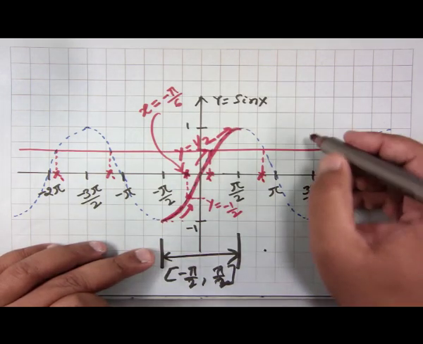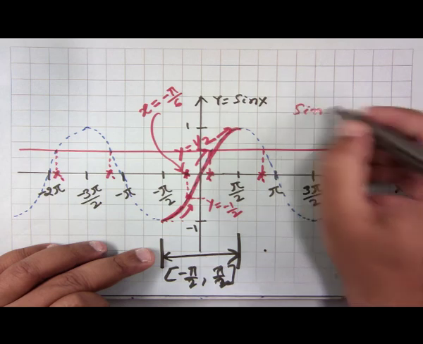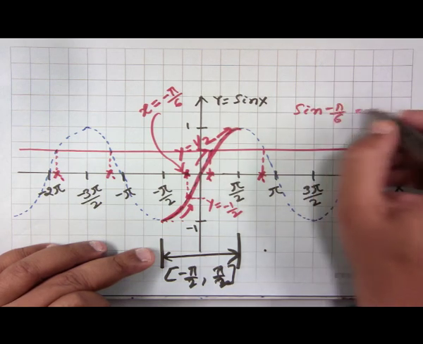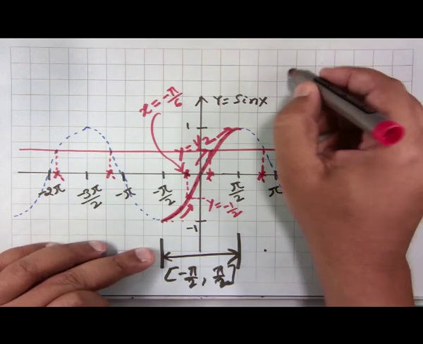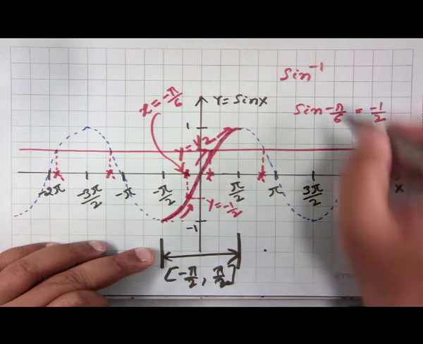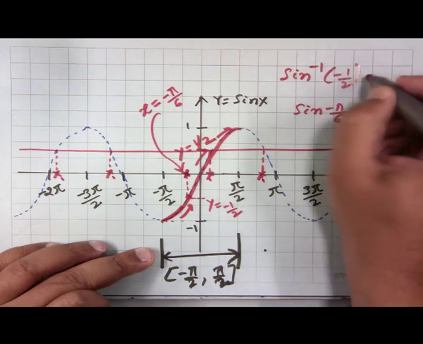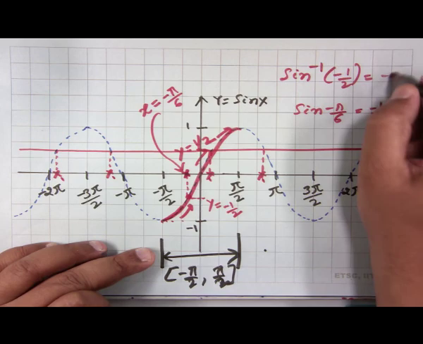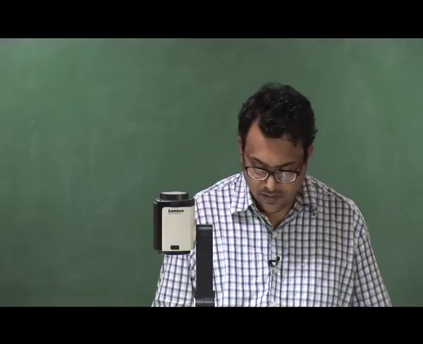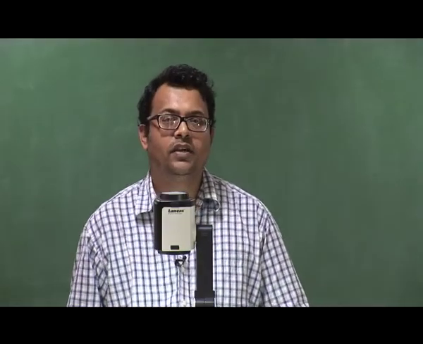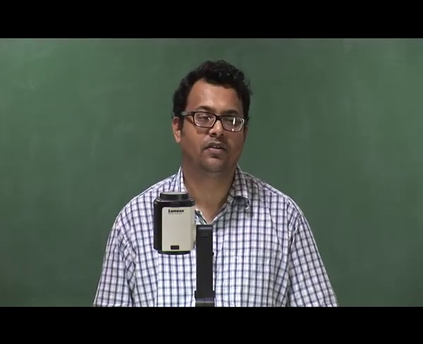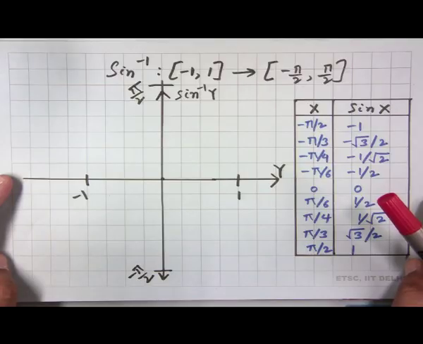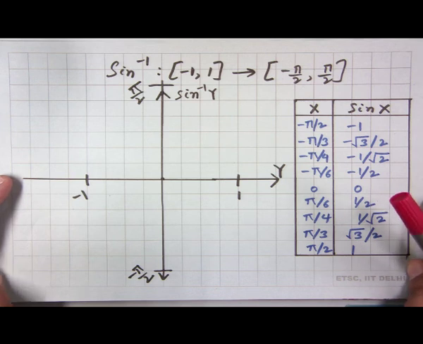Therefore, we have sine of -π/6 is equal to -half, and from here we write that sine inverse of -half is -π/6. So, now that we have restricted the domain of the sine function to the closed interval between -π/2 and +π/2, we are in a position to define its inverse uniquely and meaningfully.